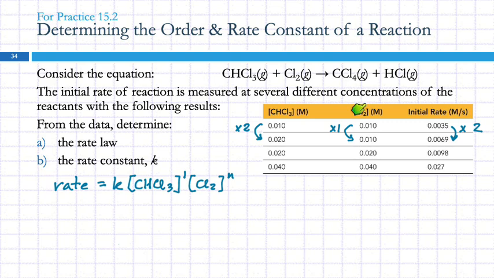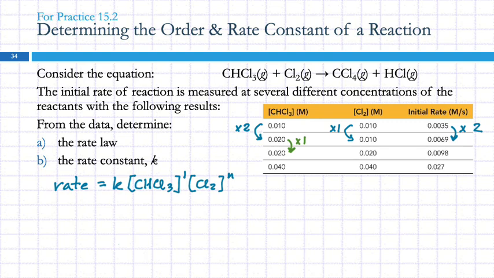So to find the order with respect to chlorine, we need to compare two rates where the CHCl3 concentration didn't change. So the second and the third line are like that. Let's just use a different color here. So 0.02 to 0.02, there's no change.